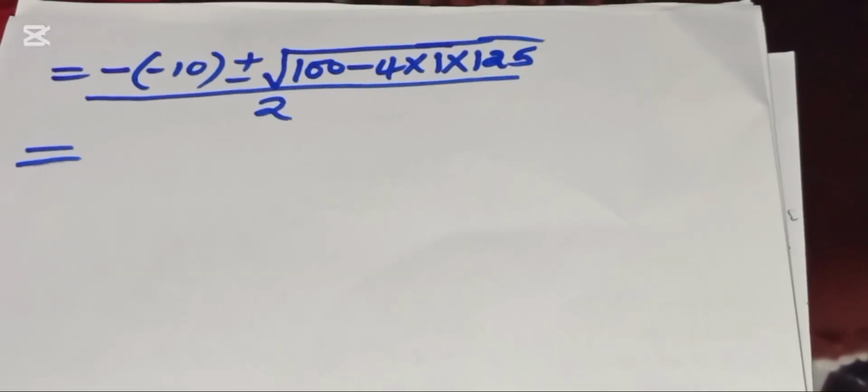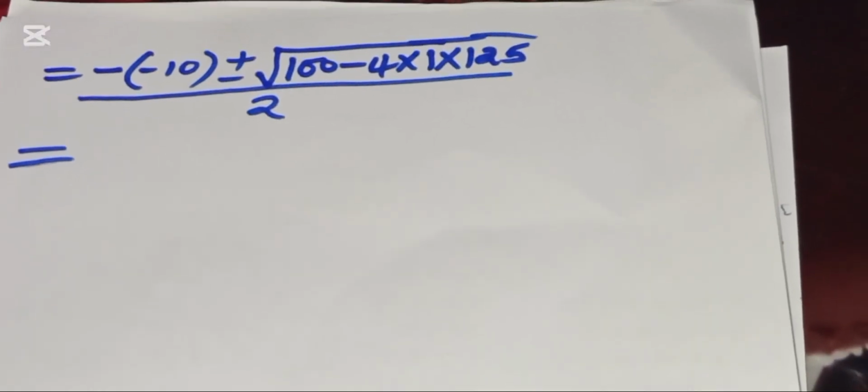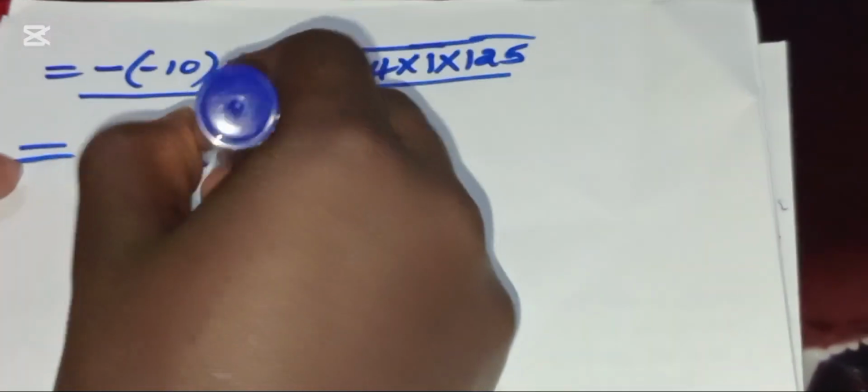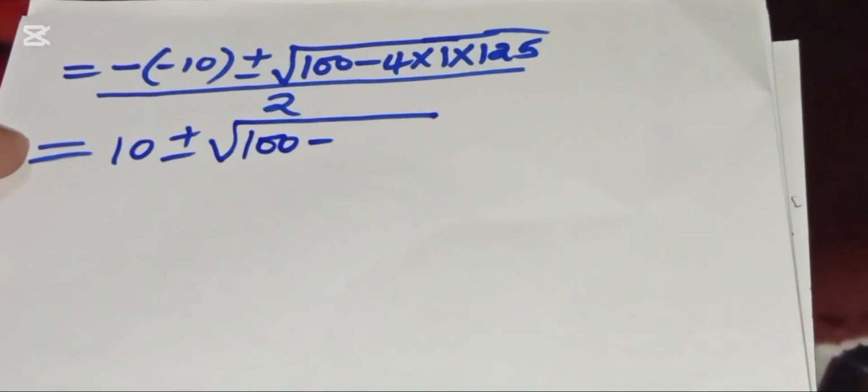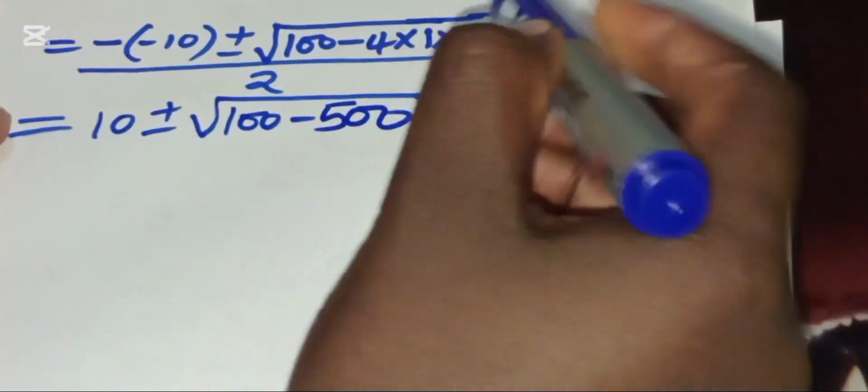Now we have negative times negative 10, which is equal to 10, plus or minus the square root of 100 subtract 4 times 1 times 125, which is the same thing as 500, divide everything by 2.